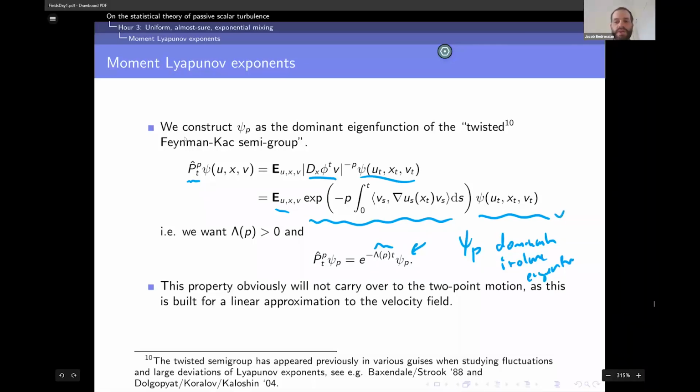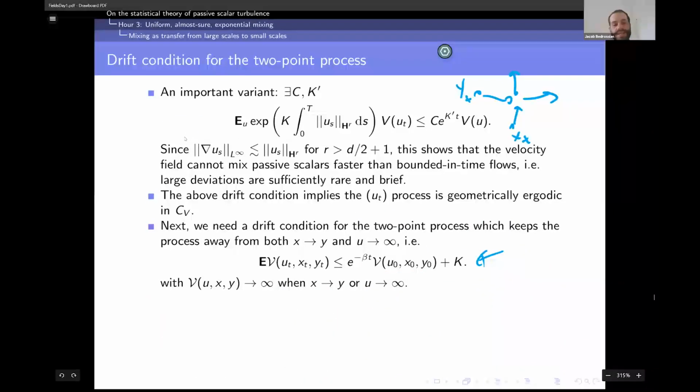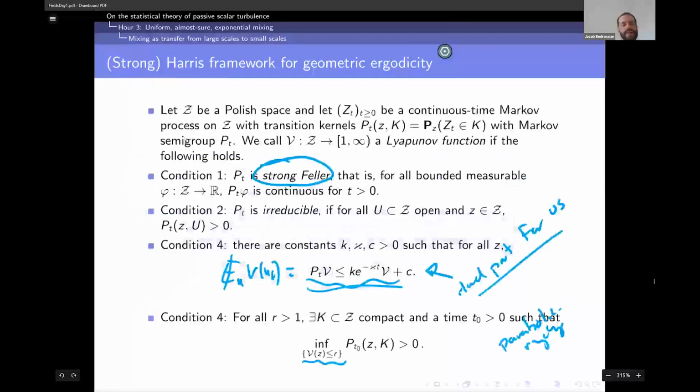And psi p will also be strictly positive, which is an important detail that I didn't quite mention, so that we get some kind of coercivity. This property is related to saying that the sub-level sets actually control things.